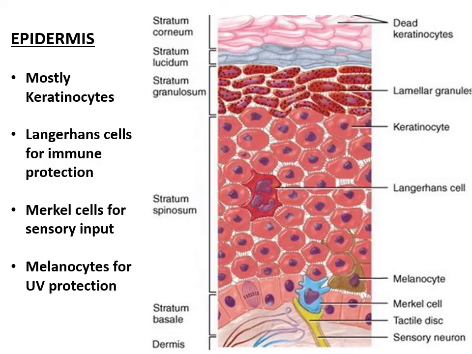Okay, so I'm not going to spend too much time on this slide. On the left, I've mentioned those cells already, the keratinocytes, the Langerhans cells, the Merkel cells, and melanocytes. And on the right is a lovely cross-section of skin tissue, right? So at the top, the dead keratinocytes.